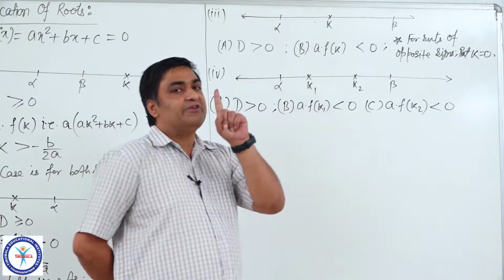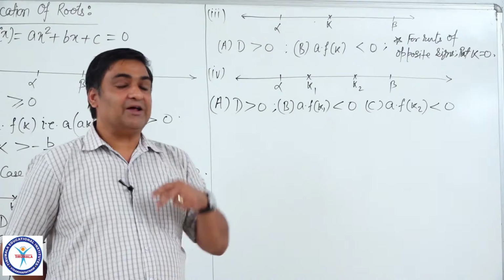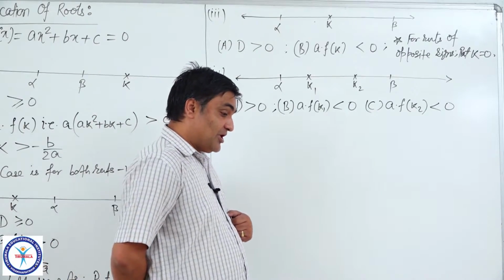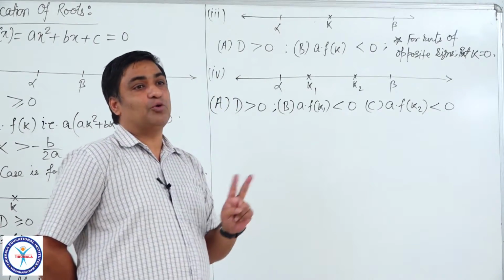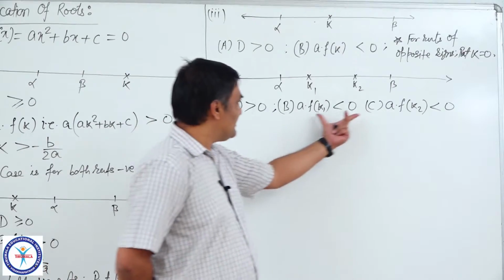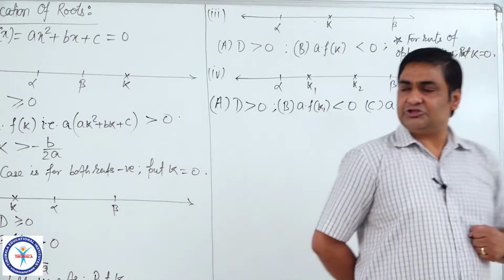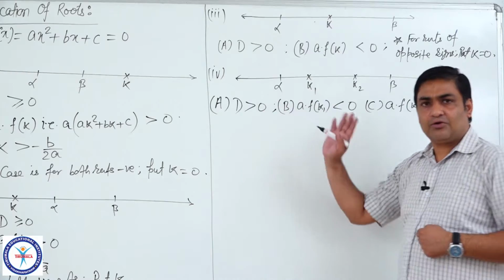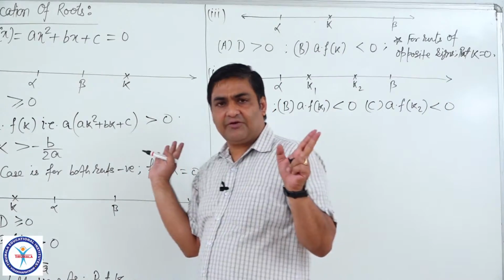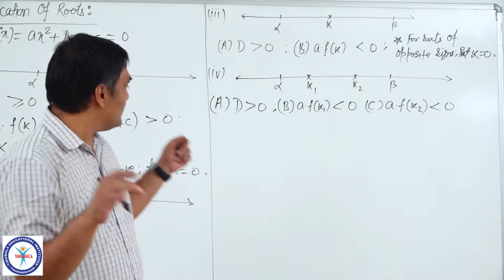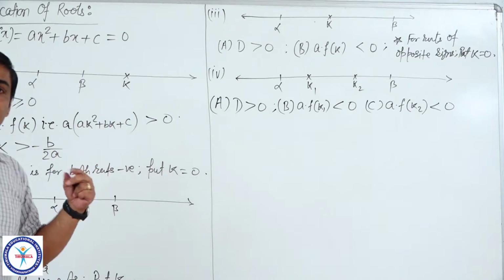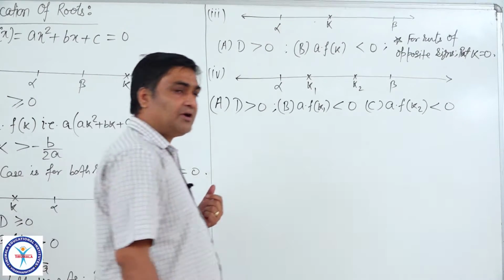See, one root is smaller than k1, the other is greater than k2, which means k1 and k2 are both in between the roots. That is sufficient from B and C conditions. A is for the real root condition, it will be everywhere. D greater than 0 or D greater than or equal to 0 is nothing but the real roots condition.